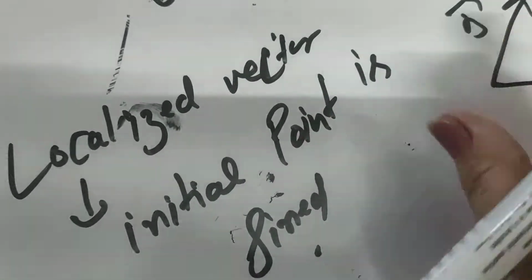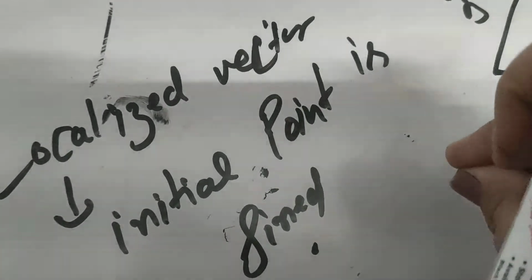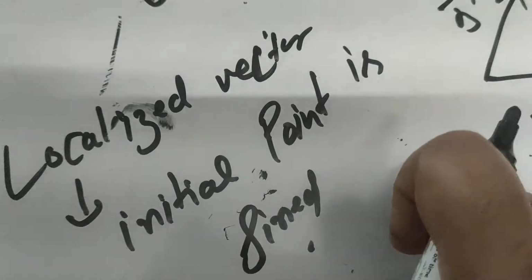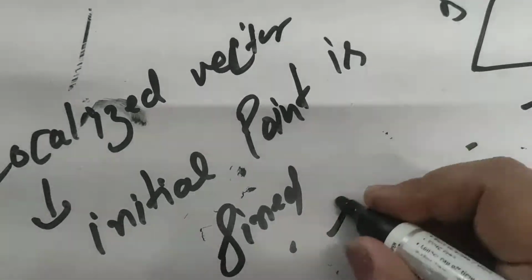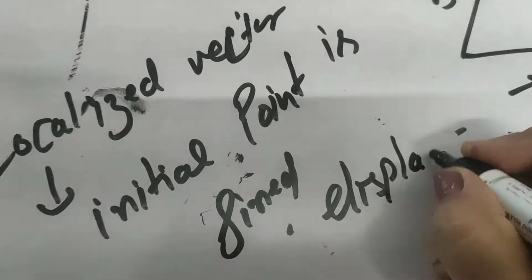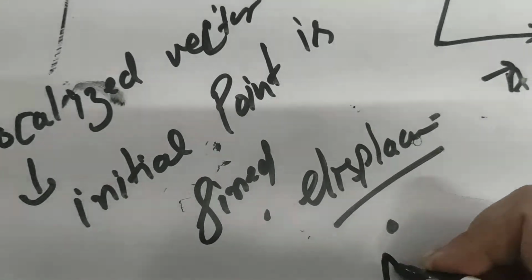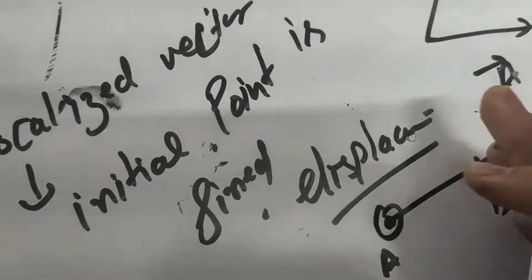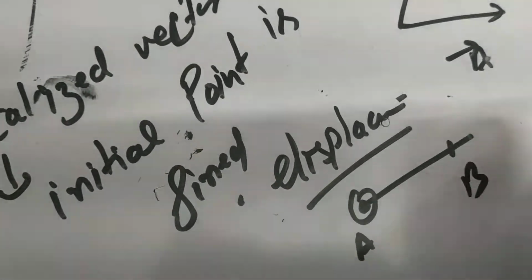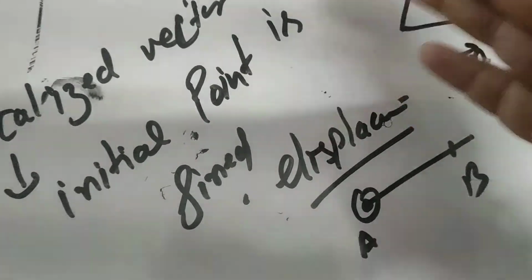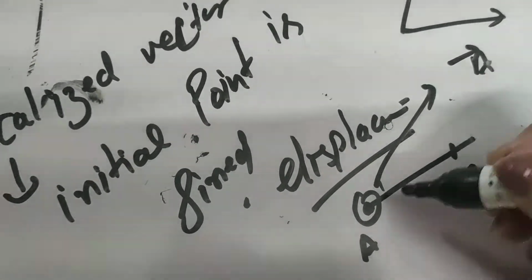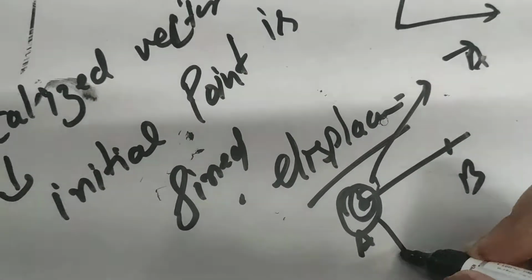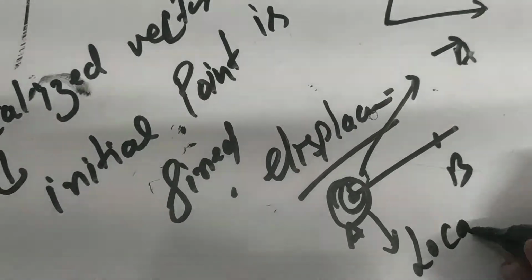Co-initial means the initial point is common, whereas here the initial point is fixed. What does it mean? For example, in the case of displacement, a body is moving from A to B. Its initial point is fixed, meaning the person started from A and reached B. It can reach by any other path also, and we can find the shortest path, but its initial point is fixed, so this is known as a localized vector.